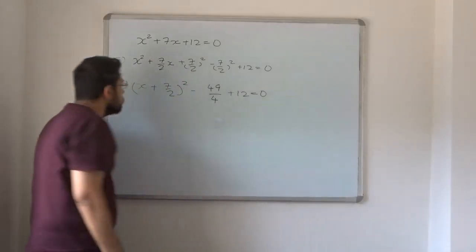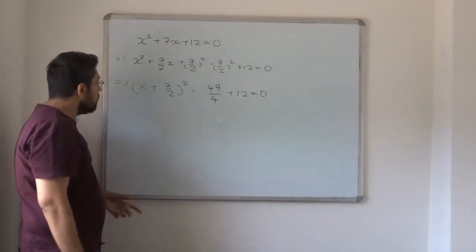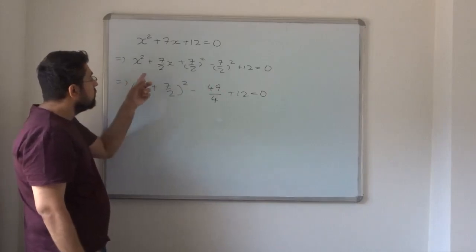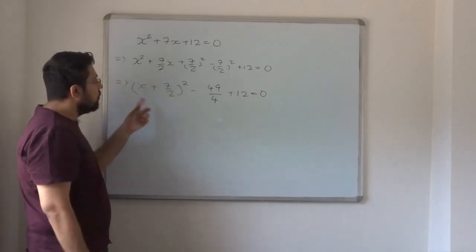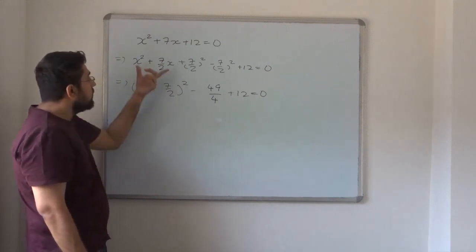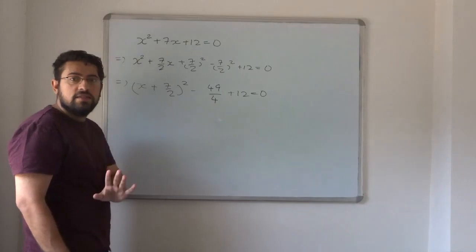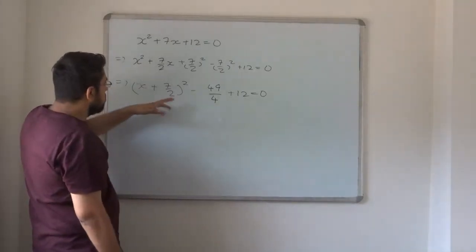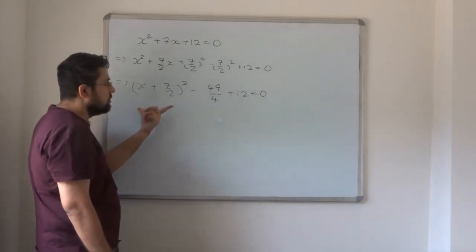I hope you understand how you get from here to here. Don't worry, I'll explain how we get from here to here in the next example. Just ignore this expression here.